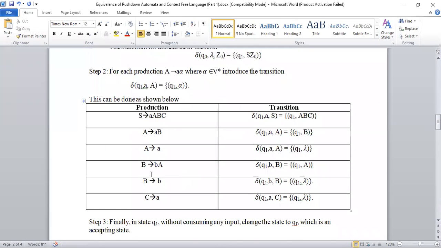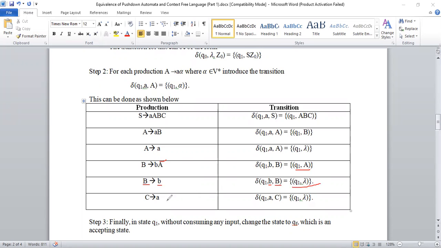For the last three productions, B to small b: delta Q1, small b, capital B is equal to Q1 A. Similarly, for B to small b, where B is on the top of the stack, it is Q1 lambda.